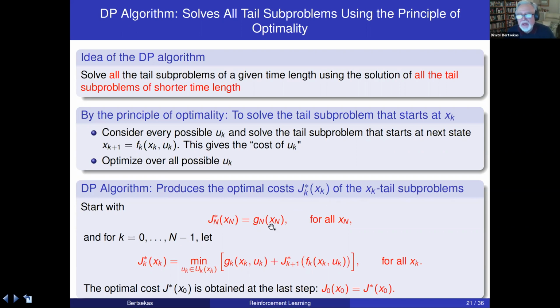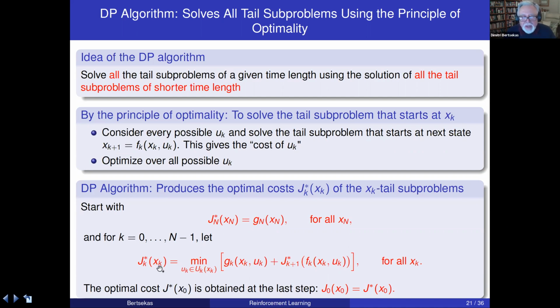So we start with the terminal cost, okay? So that's the trivial, the default tail subproblem at the end, where we have landed at the terminal state. And then using the optimal cost of the xk plus 1 subproblems, we are at state xk.